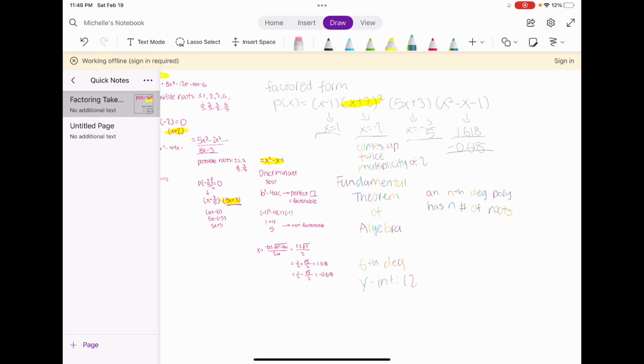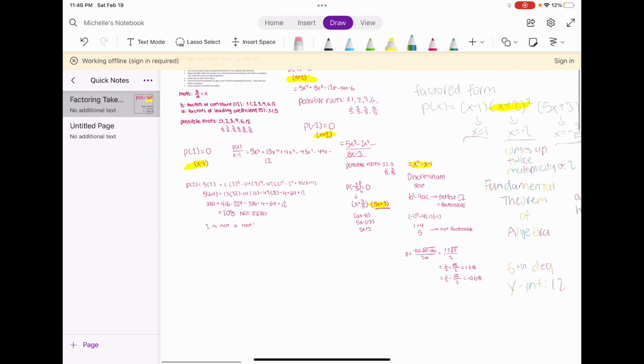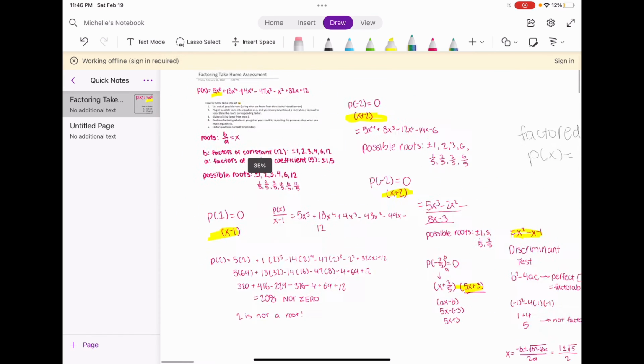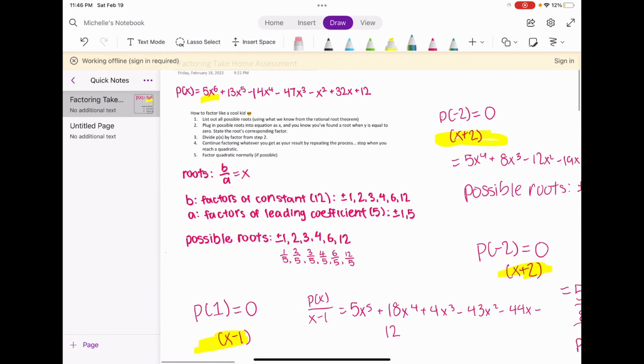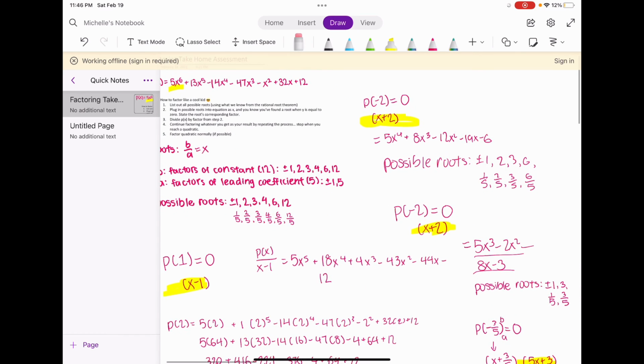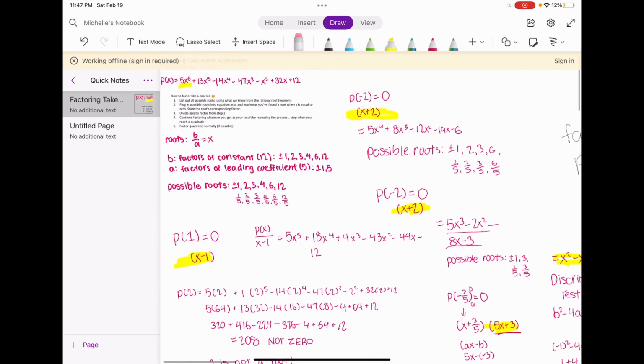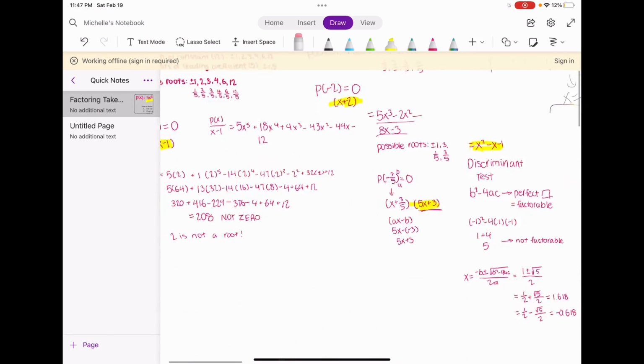If you plug in 0 for x into the original equation, you end up getting 12 as your answer because 0 to the 6th power is 0. You multiply 0 by 5, that ends up being 0. That idea applies for every other term that has an x in it. The only term that doesn't have an x in it is the positive 12 at the end. So obviously the y-intercept is going to be 12. That's just a little shortcut that you can use.